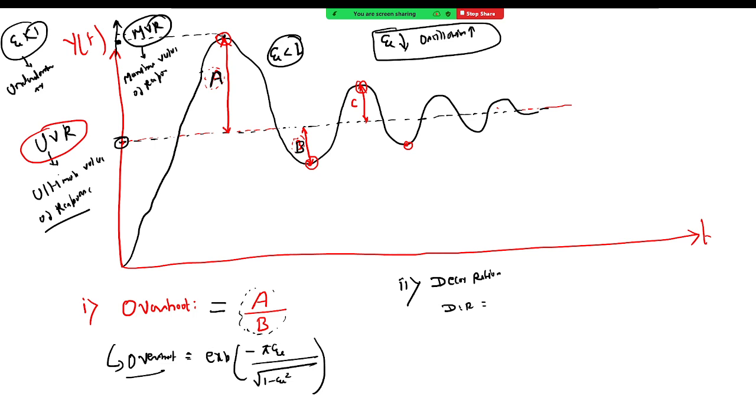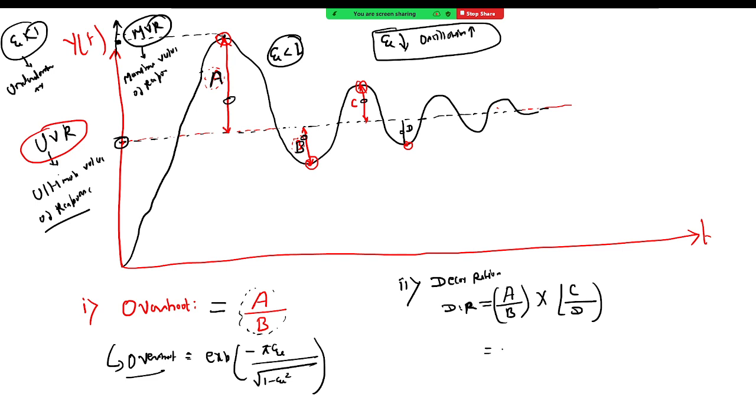If you don't have any doubt, the decay ratio is defined as, let's say this one is D, A divided by B multiplied with C divided by D, the ratio of two consecutive peaks. With that, you can understand the whole behavior of the process. The ratio of A by B is this one, and the ratio here and here will equal the ratio there.